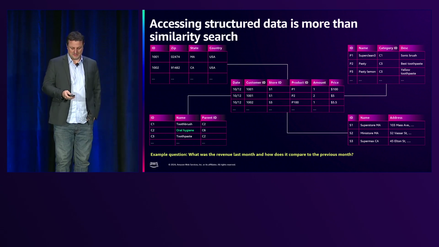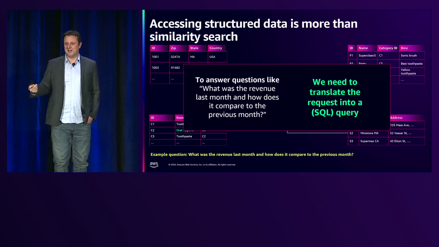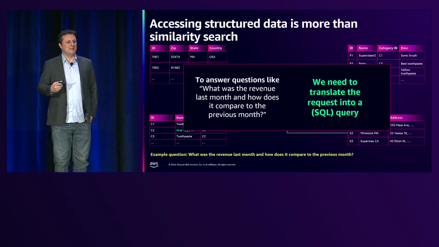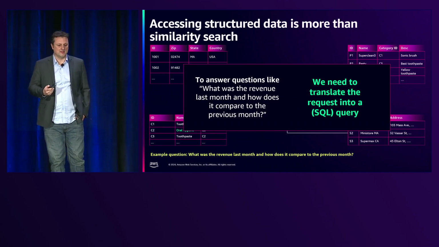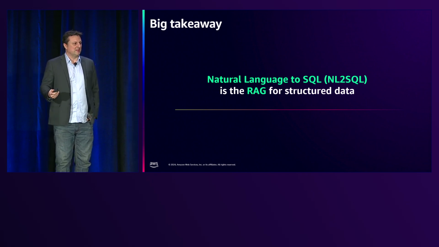In order to answer a question like, what was the revenue last month, you need to translate it into a query, which can then provide the answer you want. So the big first insight I want you to take away is that natural language to SQL, the process of translating a request into a query, is essentially the equivalent of RAG for structured data.